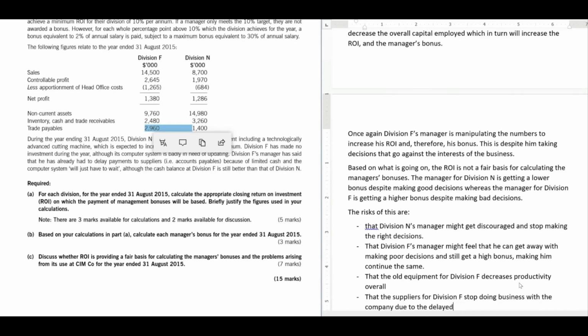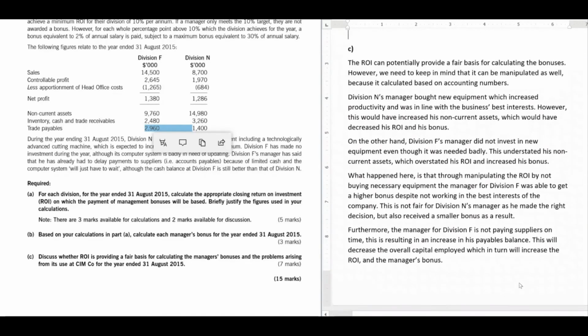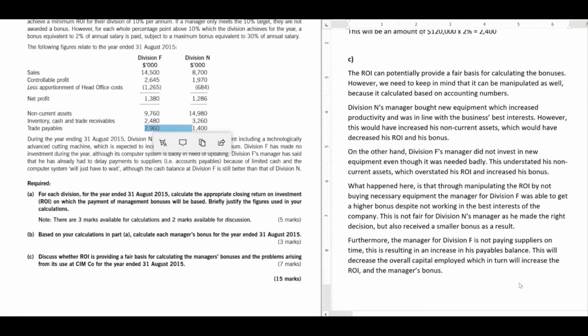There's all these different risks that can happen, okay? So I think that's more than enough. We've covered all the necessary parts. It's for 7 marks. We don't need to go overboard with the analysis. So I think we'll stop here, okay? But yeah, that's a typical ROI question.